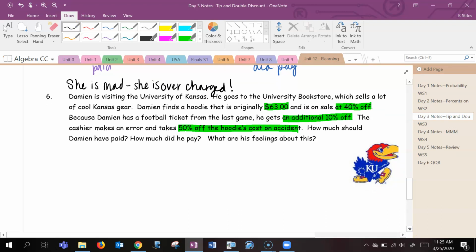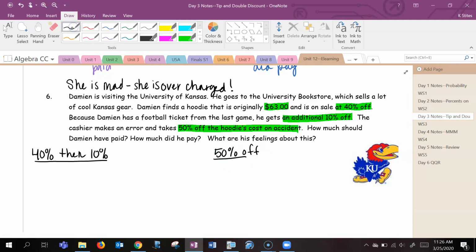All right, so what should have happened was he should have gotten 40% off and then 10% off. But this is like the situation that happened to me. The cashier made an error and said, oh, that's just the same as 50% off. So remember, this is the one that's always better for the person when it's combined.